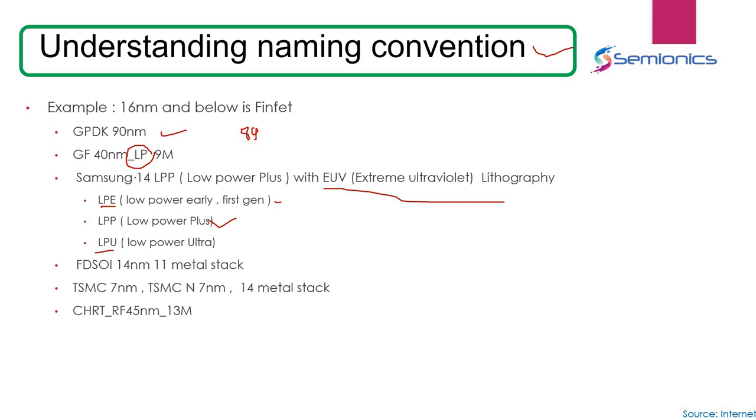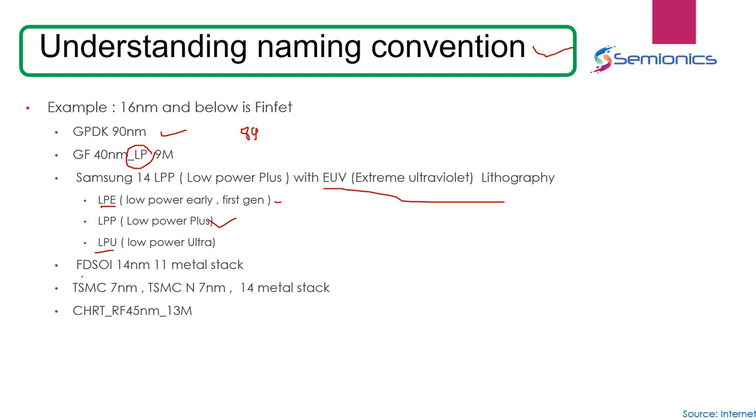Generally, the way they write is Samsung 14 LPP or 14 LPU, 11M or 13M or something like that. So LPU is low power ultra. Again, they would have made some changes in the fabrication process or the metal features, the doping concentrations and all of that to improve the power related factors.